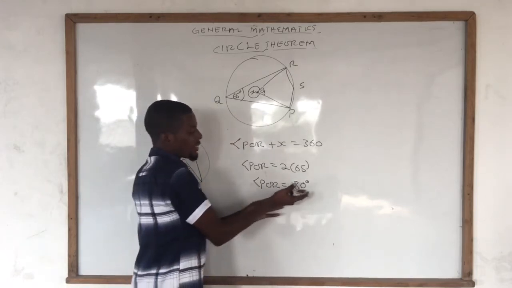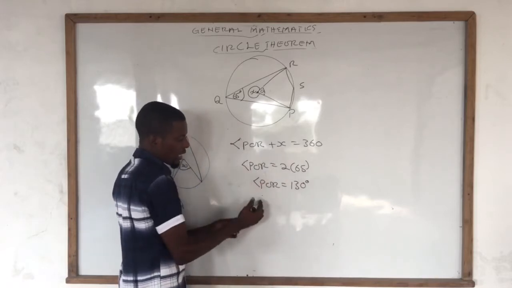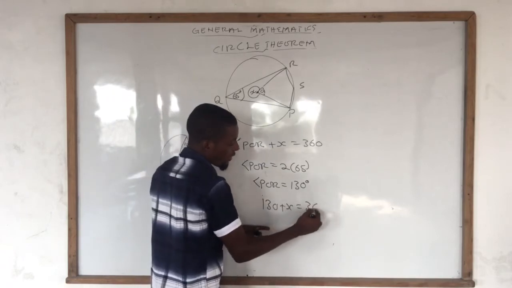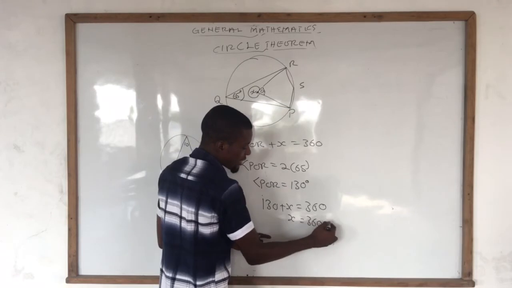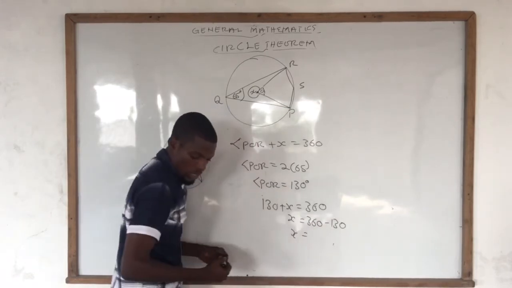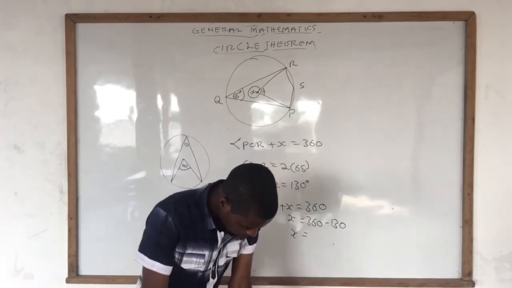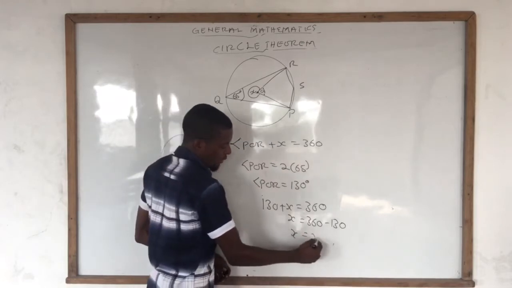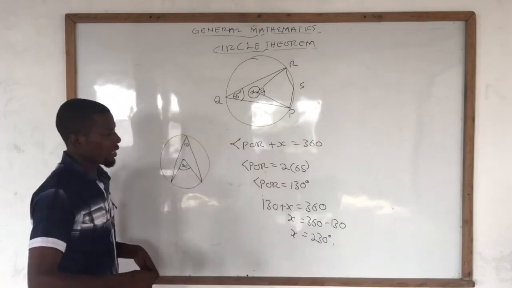Now that I've gotten angle POR, substituting it here, I have 130 plus X equals 360 degrees. So X is 360 degrees minus 130 degrees, which is 230 degrees. Are you okay?